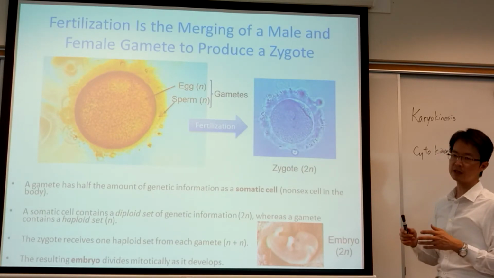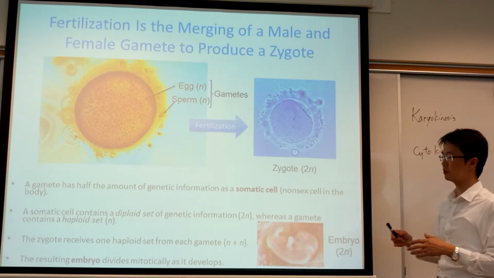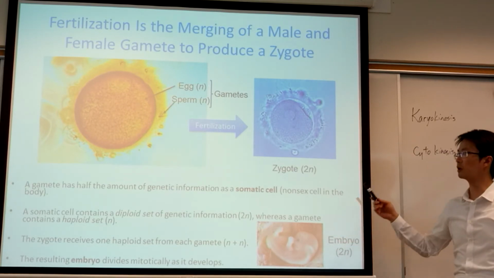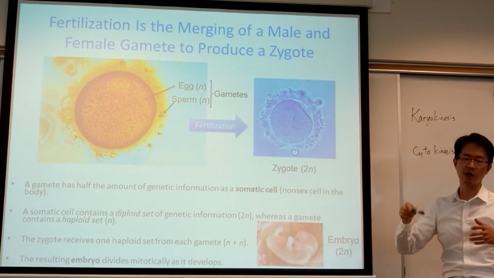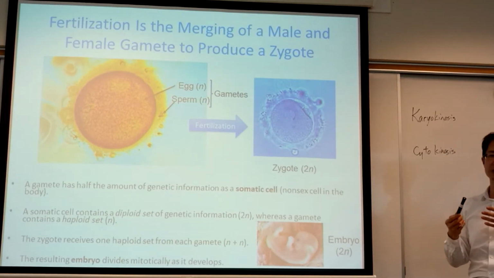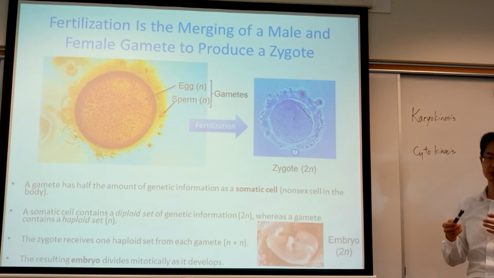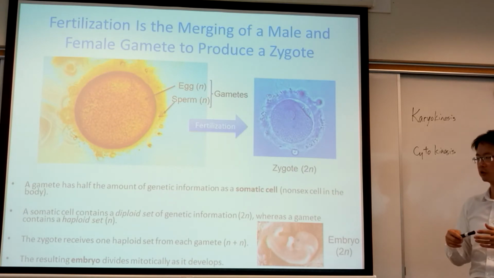After the zygote is formed, the embryo will eventually develop. After the zygote is formed, it will undergo a lot of mitosis, a lot of cell division. It is exponential: from 1 to 2, 2 to 4, 4 to 8, 8 to 16, and so forth.